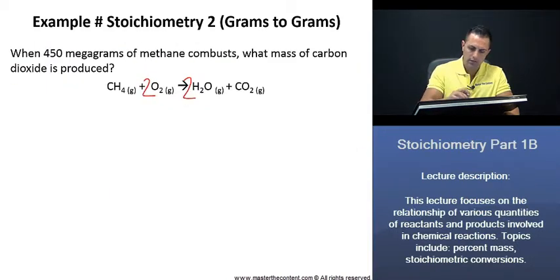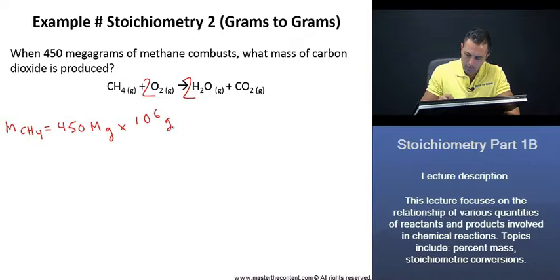Thus, the mass of methane that we're being given is 450 megagrams. We'll just convert that to grams. Our conversion factor is going to be 10 to the 6 grams over 1 megagram.